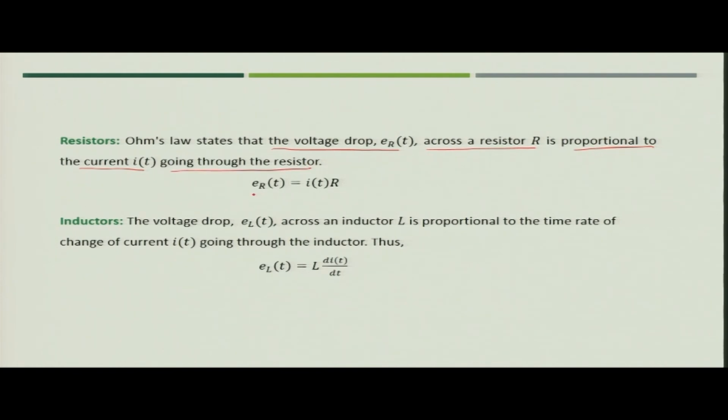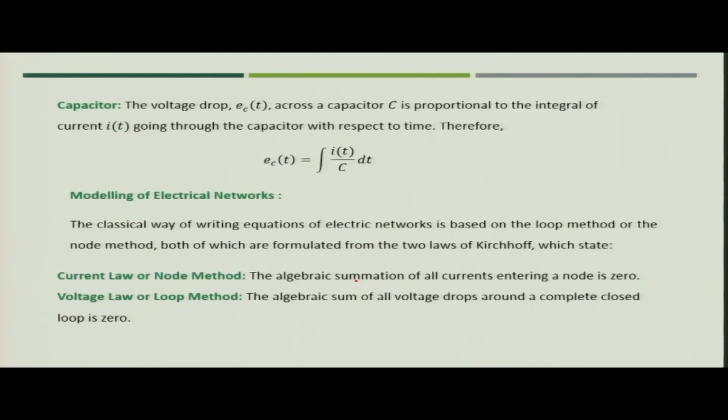As we just discussed, the drop across the resistance is given by current I into resistance value R. In case of inductors, the voltage drop, that is EL, across the inductor L is proportional to the time rate of change of current flowing through the inductor. So, we say EL at any time t is nothing but L di by dt. For the capacitor, in terms of current, we saw that I is nothing but C dEc by dt.